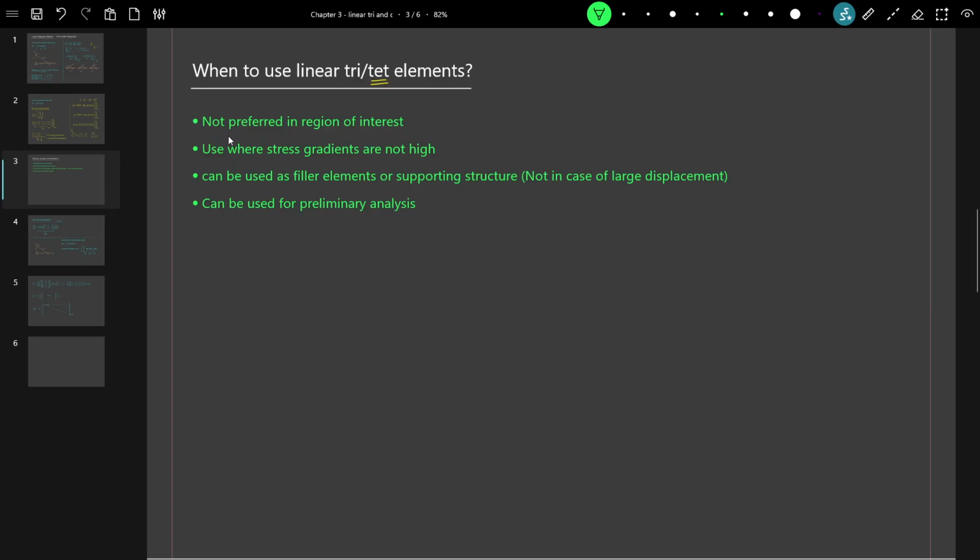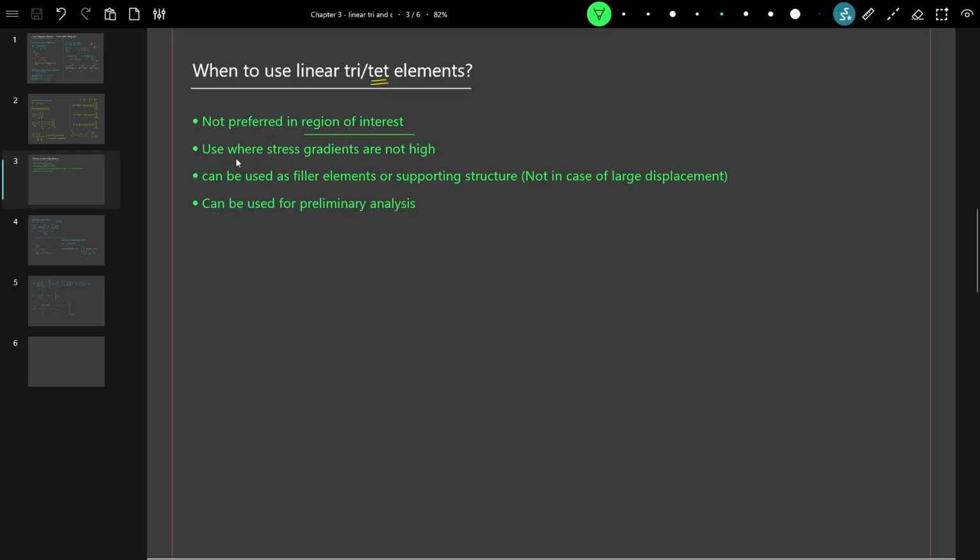As we know, we do not generally prefer linear tri elements in FEA analysis, and they should not be preferred in the region of interest. But we can still use them because they are very computationally inexpensive. The computation is very fast, so your analysis completes very fast. So it is suggested to use these elements wherever possible.